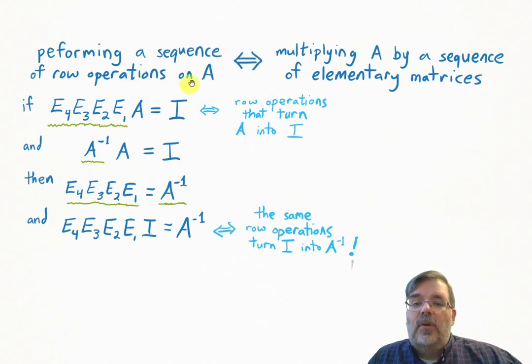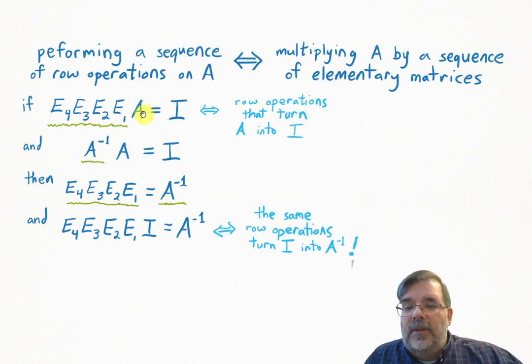If you want to perform not just one, but a whole sequence of row operations on a matrix, that corresponds to multiplying a matrix A by some sequence of elementary matrices, which I'll write as E1, E2, E3, and so on. So for example, this equation right here indicates that I have a matrix A, and then I multiplied it by some elementary matrices.